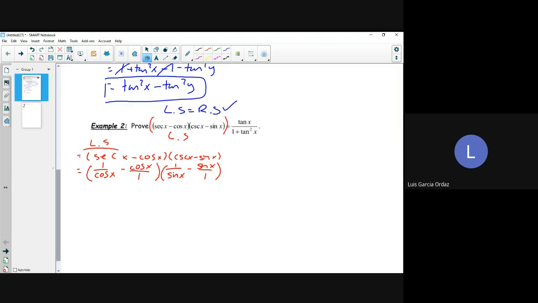So we want to find the common denominator. In the first bracket, the common denominator is cos of x, and in the second, the common denominator is sine of x.